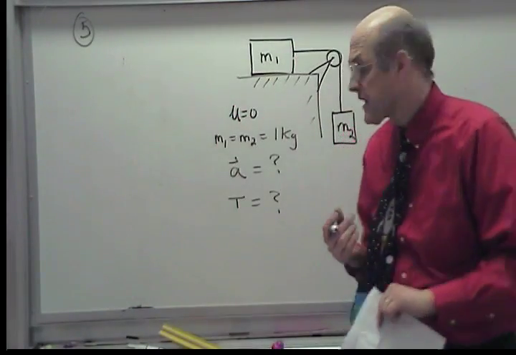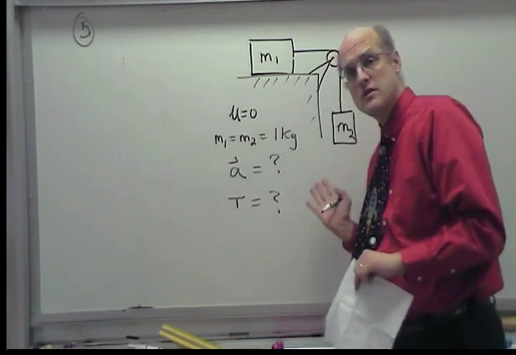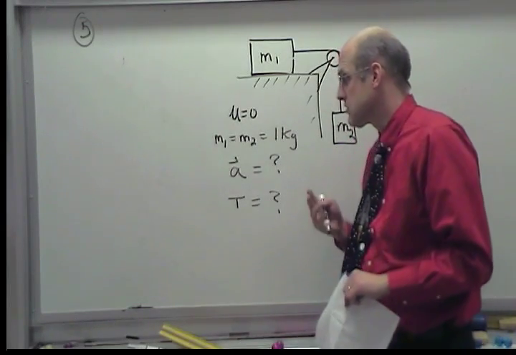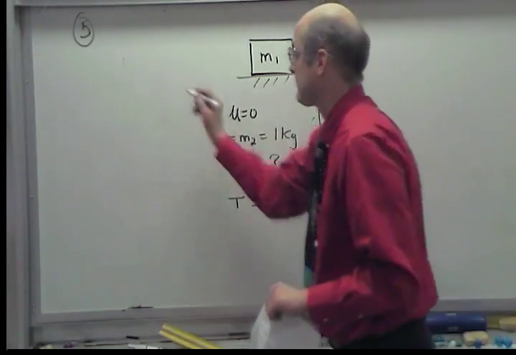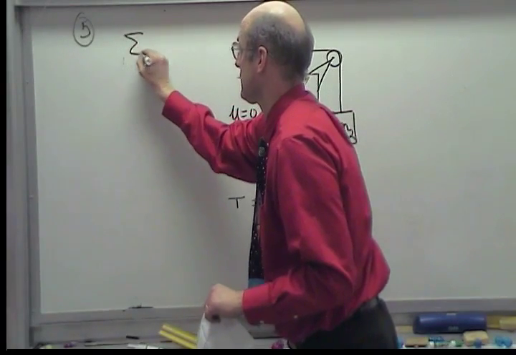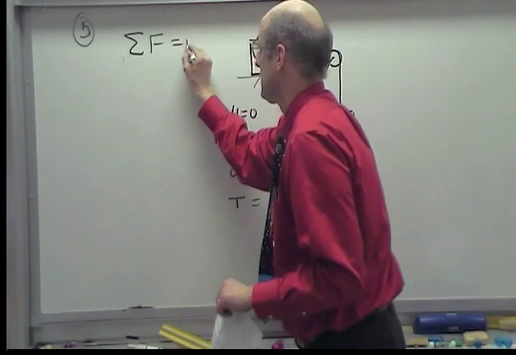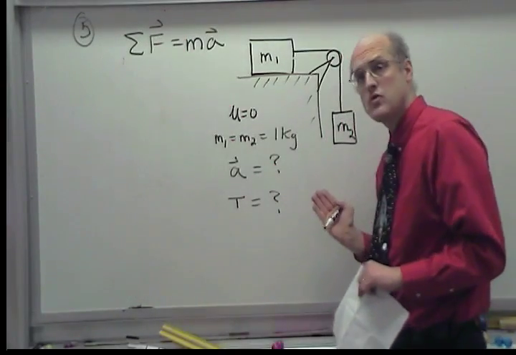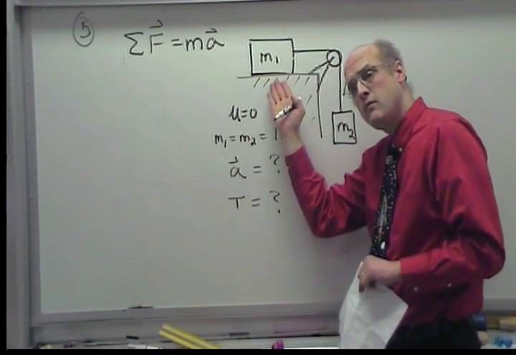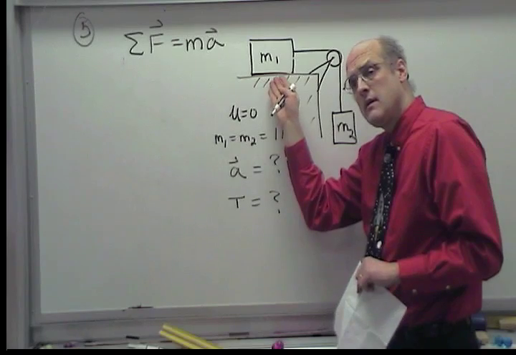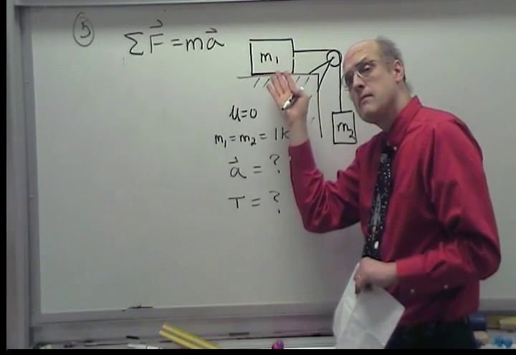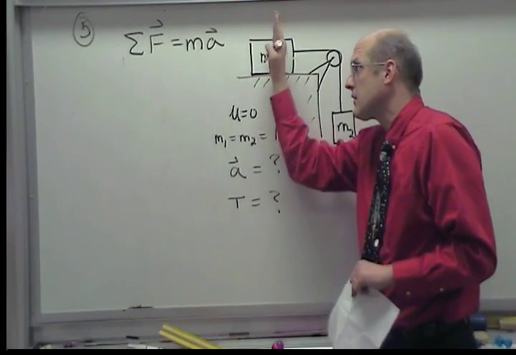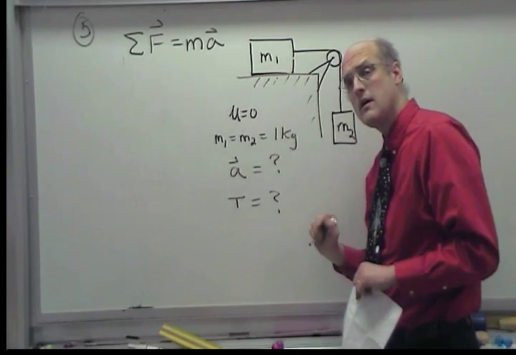Well, Newton's second law tells us that the net force on this system is equal to m times a. So we have sigma F equals ma. What is the net force on the system? Well, the weight of mass 1 is canceled out by the normal force on mass 1.